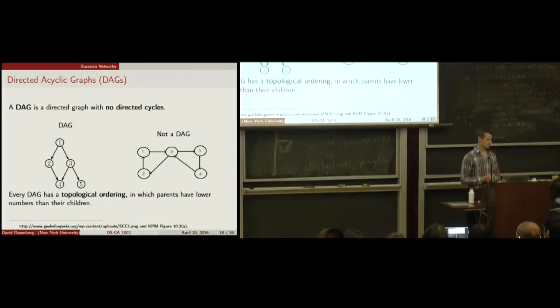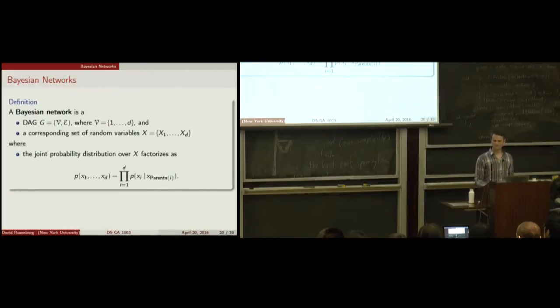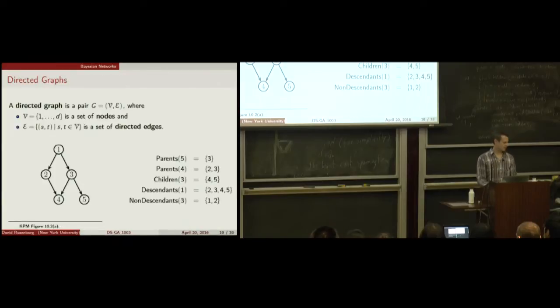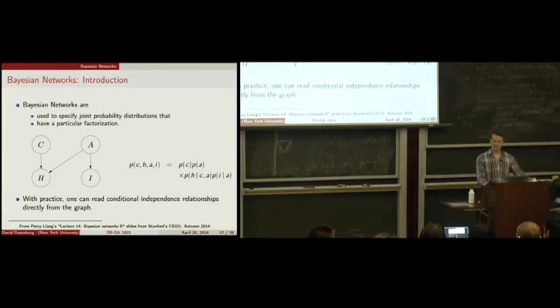What will happen if there's a directed cycle? Then it will not be a Bayesian network. Are you asking if you tried to write down this type of factorization for a cyclic graph?